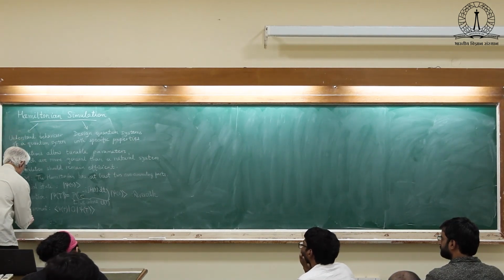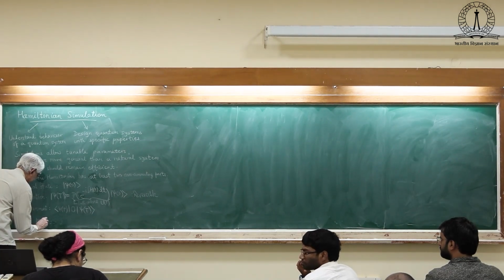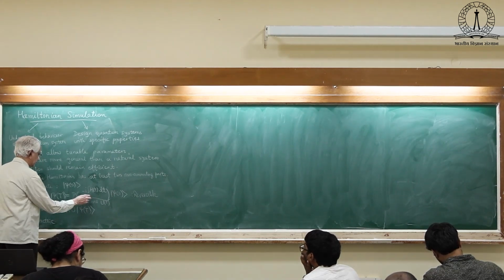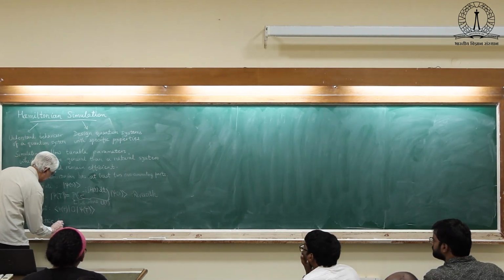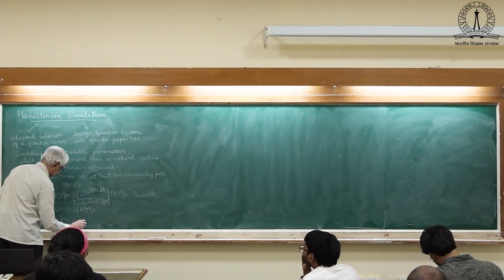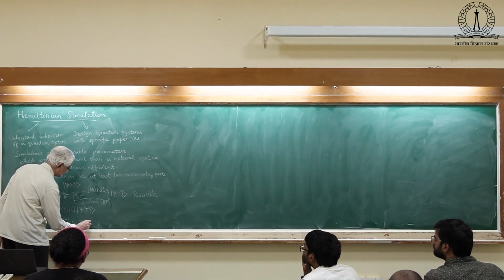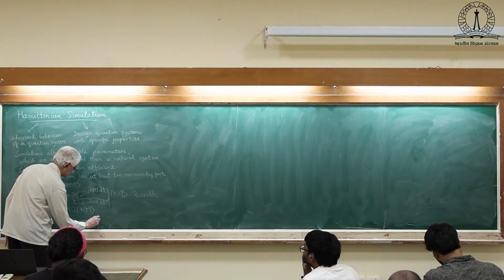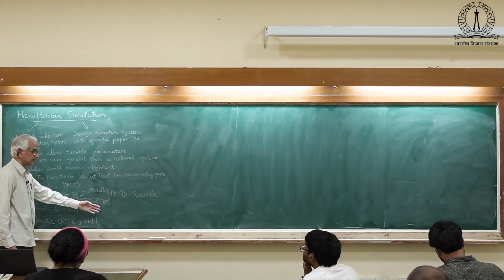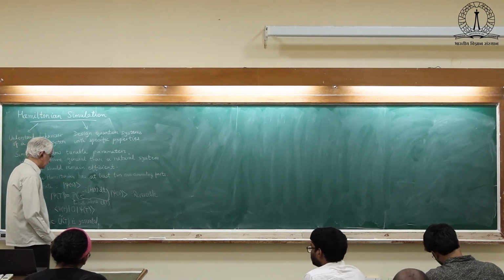So in practice, what you produce here is an approximation, and then you will not get exactly this U of t, you will get some approximation to it.